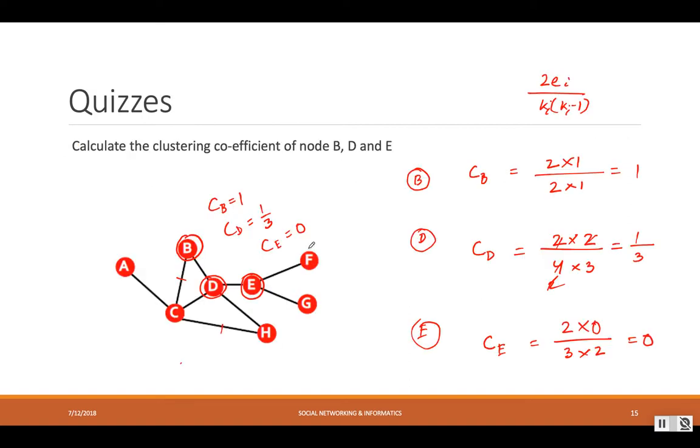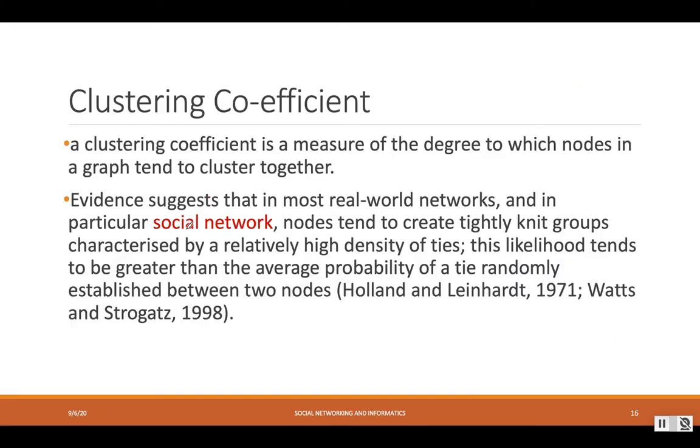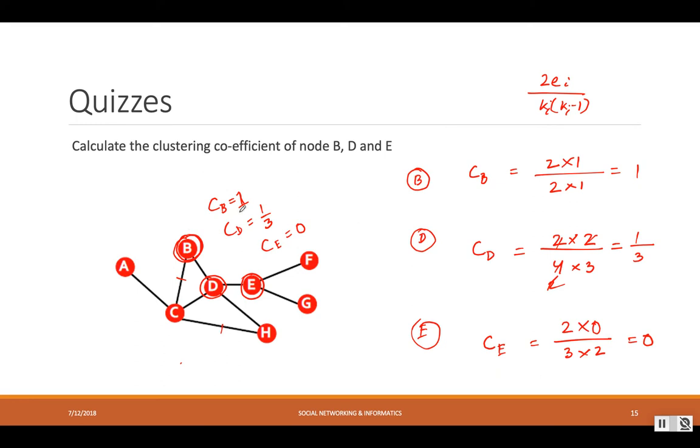Here we can see that B has a clustering coefficient of 1. So B is surrounded by a tightly knit group. B has only 2 friends, but all of the friends are connected with each other. So B creates a tightly knit group.